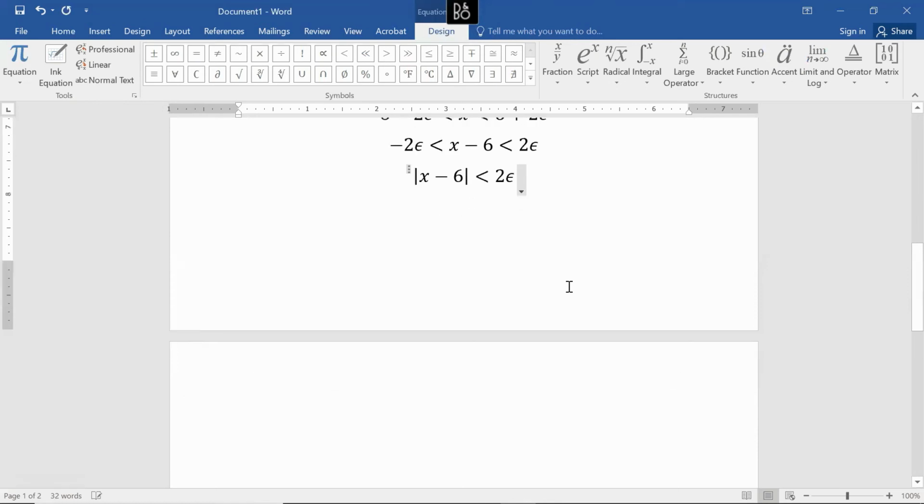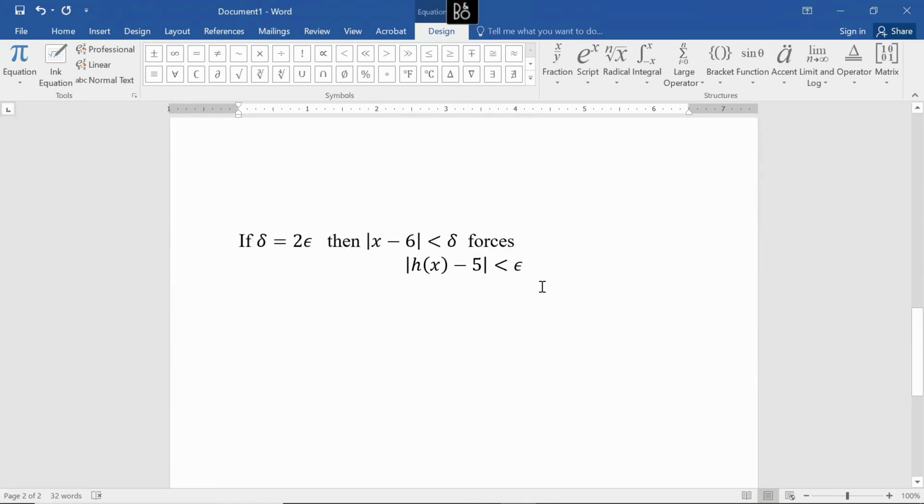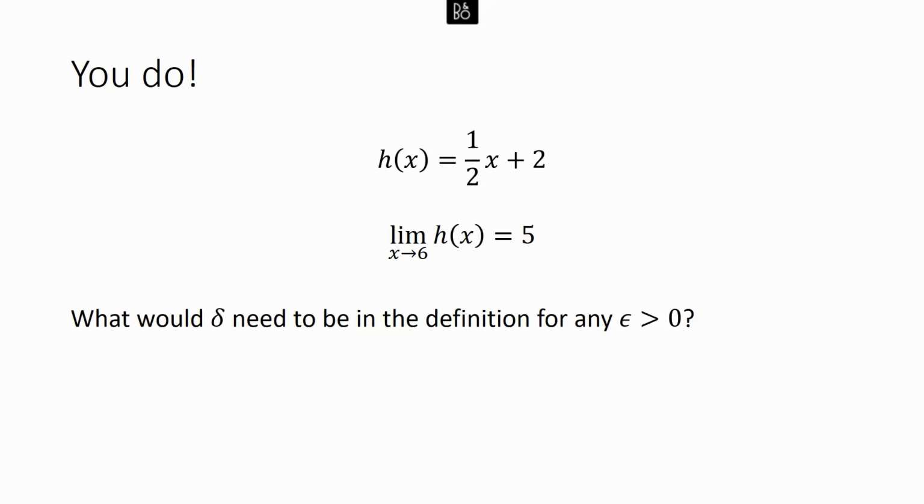Now, we saw how to do this problem, and we also saw how to do the previous problem for an arbitrary epsilon. Those were both linear functions.